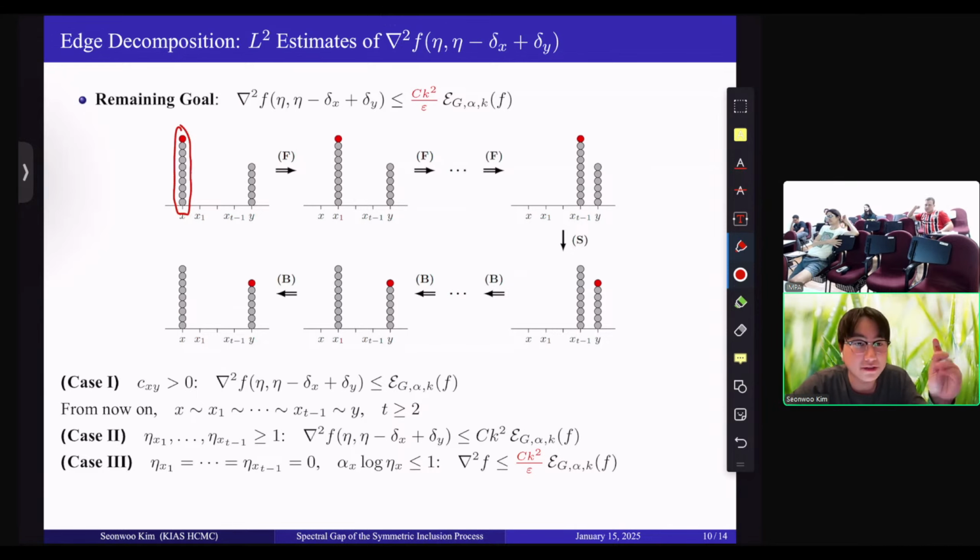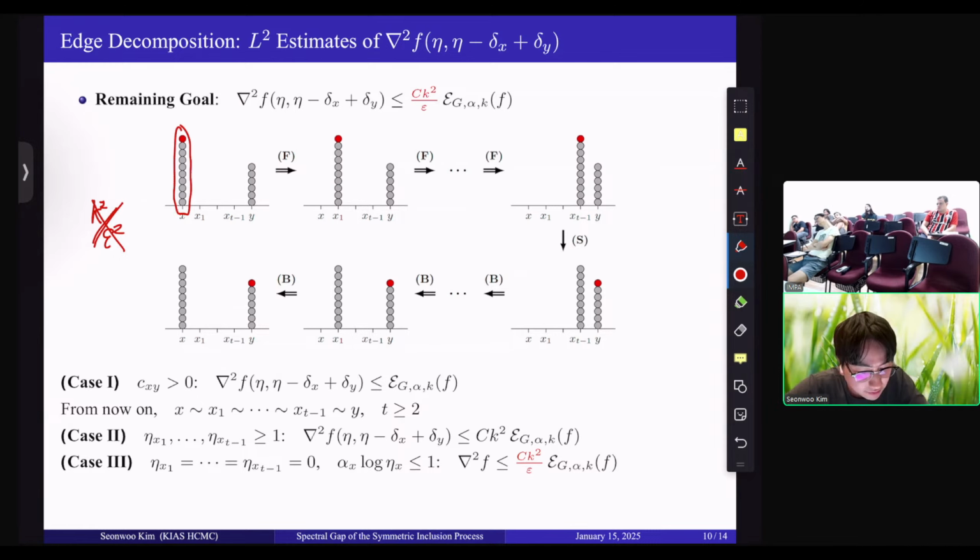In this case, it is not okay to just move one particle from X to Y in a one-dimensional way, because then we have a bound of something like K squared over epsilon squared, which is not okay in our case, right? We need exactly the order of one epsilon, so this is not enough. So we have to construct another path, which gives the exact scale.